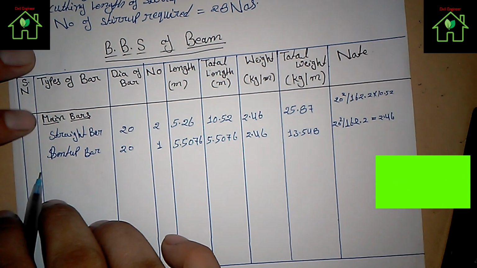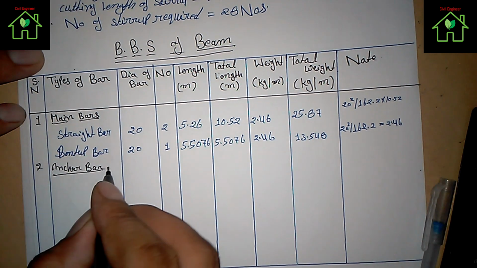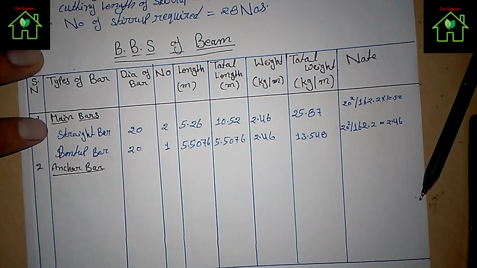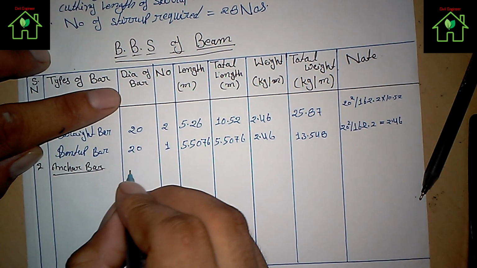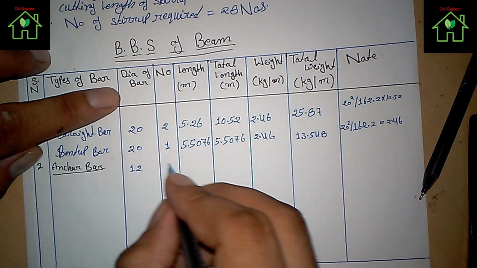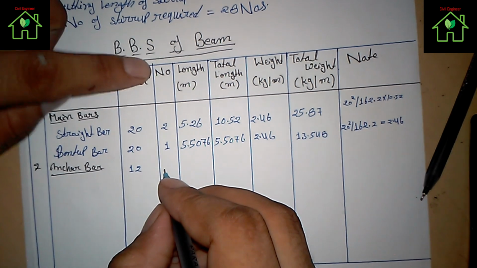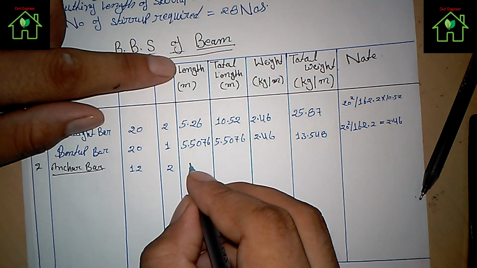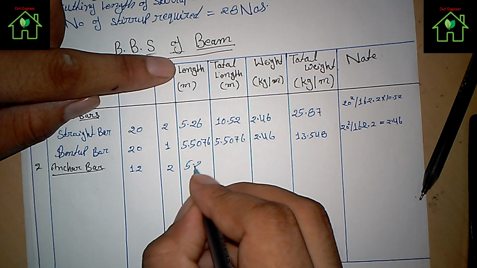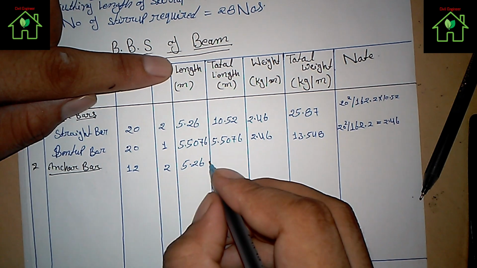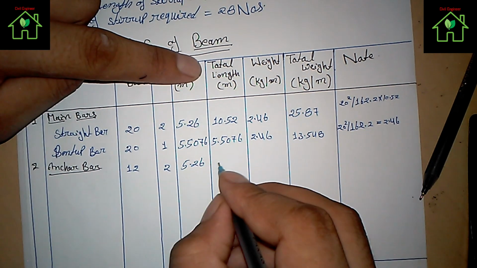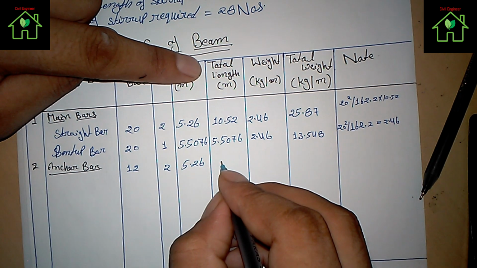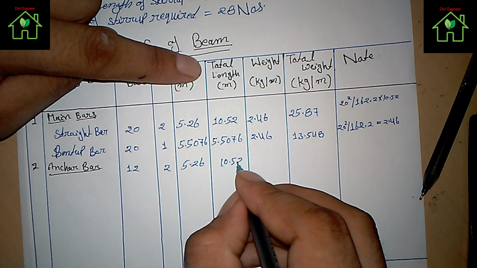After getting this value, we will calculate the anchor bar. What is the dia of anchor bar? 12 mm. How many numbers of anchor bar? 2. And what is the length of anchor bar? 5.26. What is the total length of anchor bars? After multiplying these values, we get 10.52.